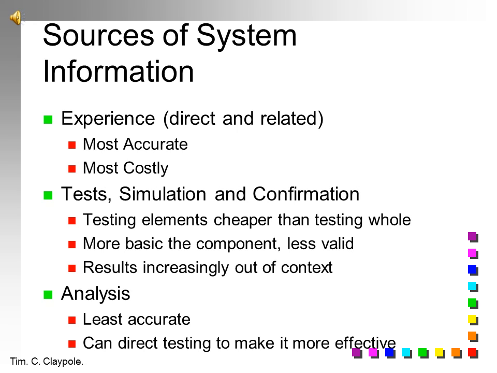The alternative is to use tests, simulation and confirmation tests. If you test an element, then that's cheaper than testing the whole. You take an individual component and you flex it to see how long it will last before it will break. However, the further you are away from the complete item, the less valid it is.